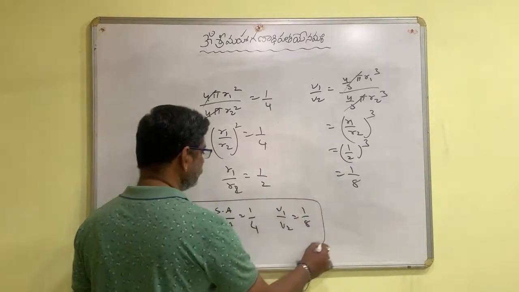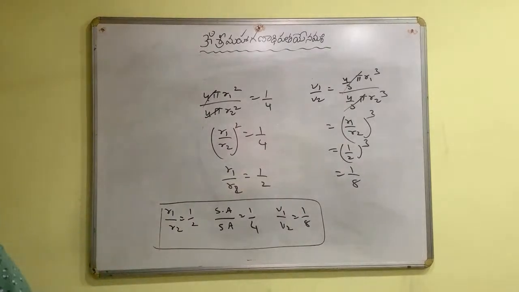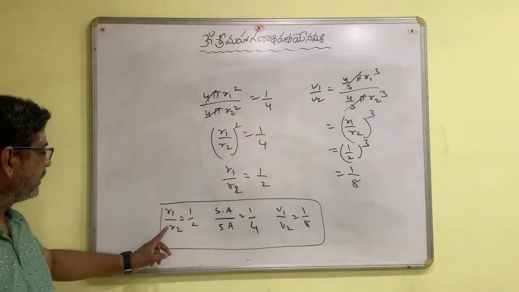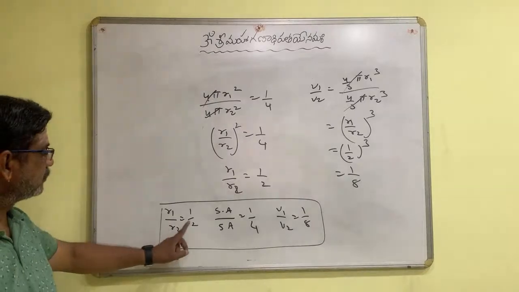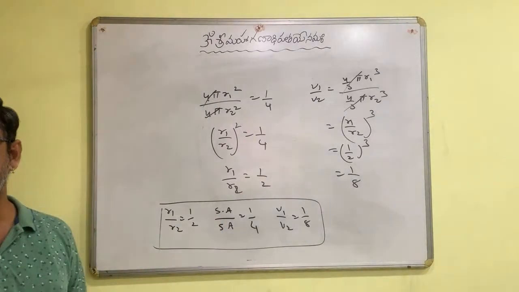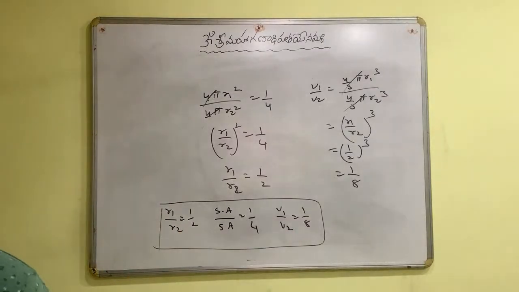Two spheres, if their ratio of radii is 1:2, then their surface areas ratio is 1:4, their volumes ratio is 1:8. This is what you have to understand. Okay?